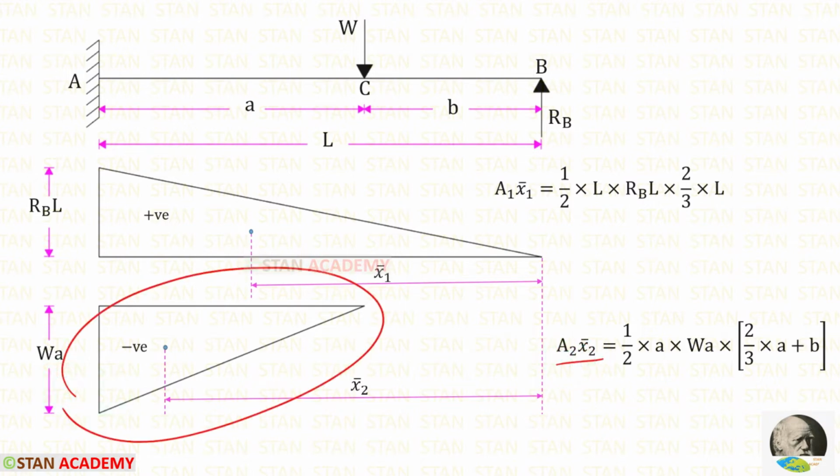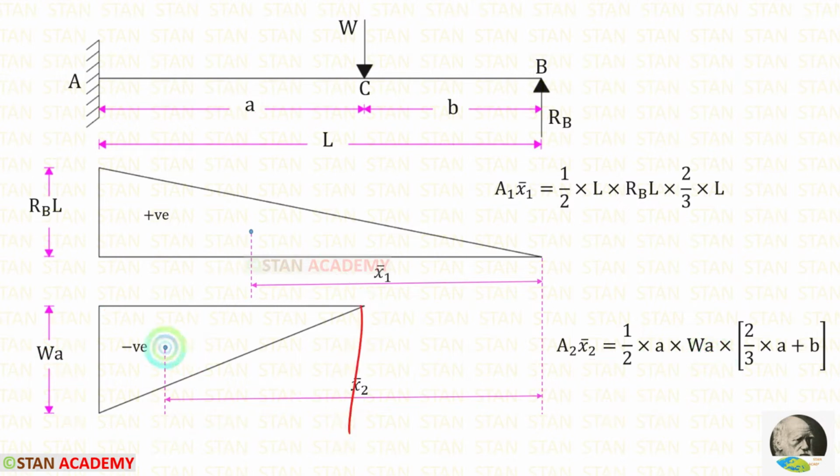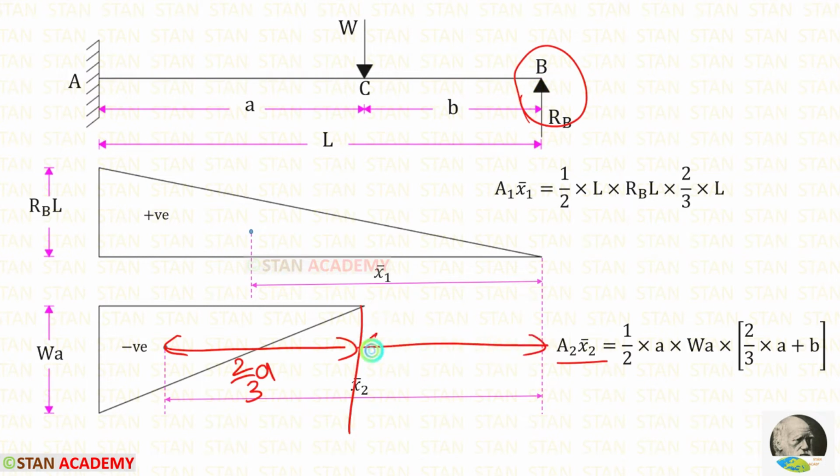We know the formula for the area of a triangle, half into B H. Here B is A and the height is WA. The centroid distance is 2 by 3 into A, but we are finding the moment area up to the point B, so we have to add this distance. This distance is B, so x2 bar is 2 by 3 A plus B.